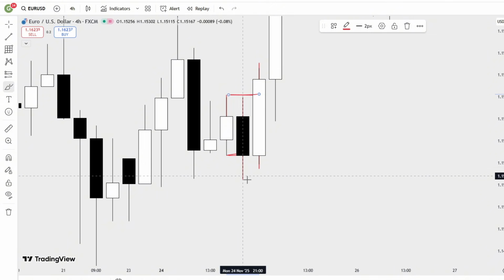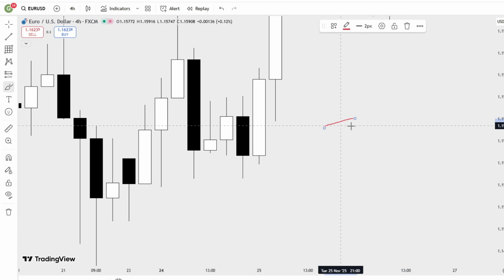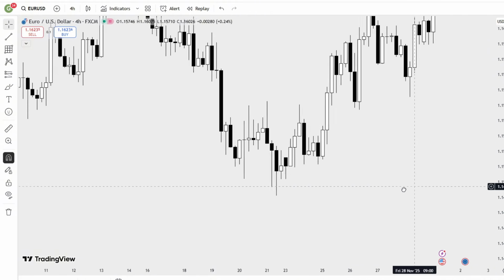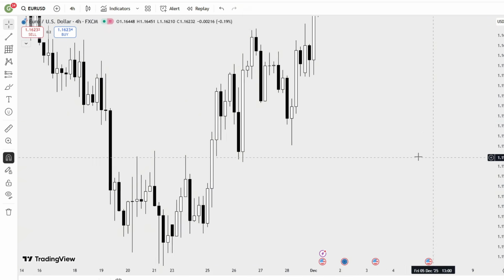So here you have a valid structure. You see this? Because this movement right here creates a new low. Okay? So I want you guys to connect all the dots I just gave you, right? So this is all you need to know about market structures, okay?